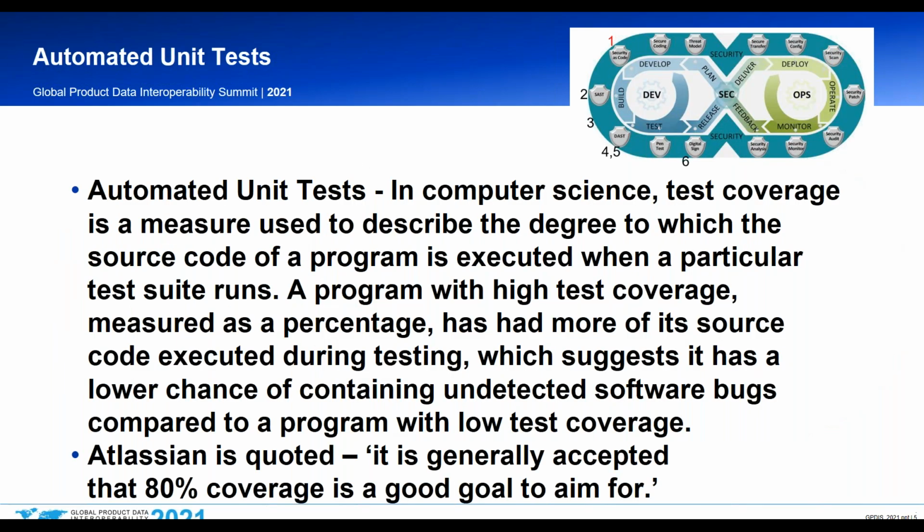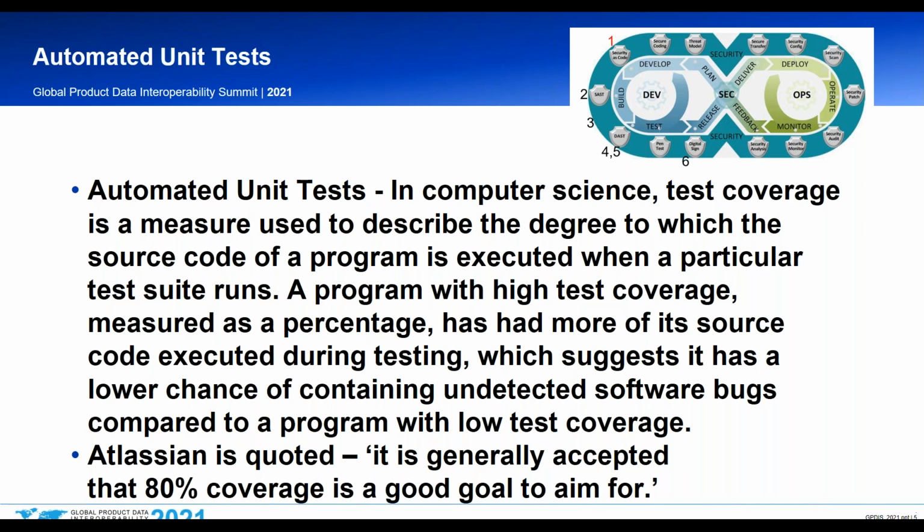So we'll get into the automated unit test, and I know that David brought this up as well. And the bottom bullet shows, hey, 80% code coverage is a good goal to aim for. I just had a conversation with one of our other architects and talked about this being more of a code quality versus cyber.